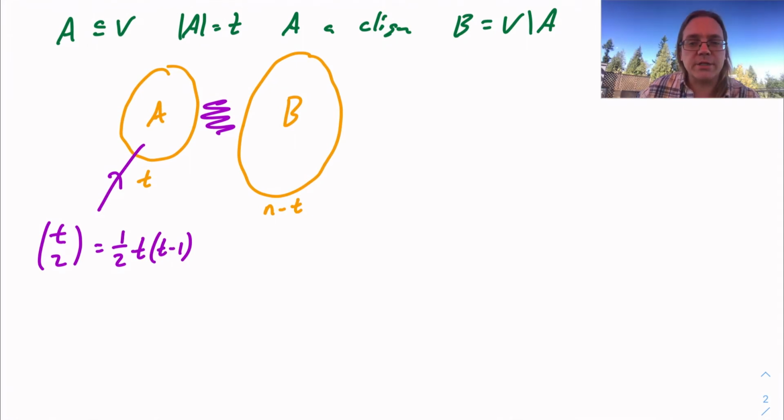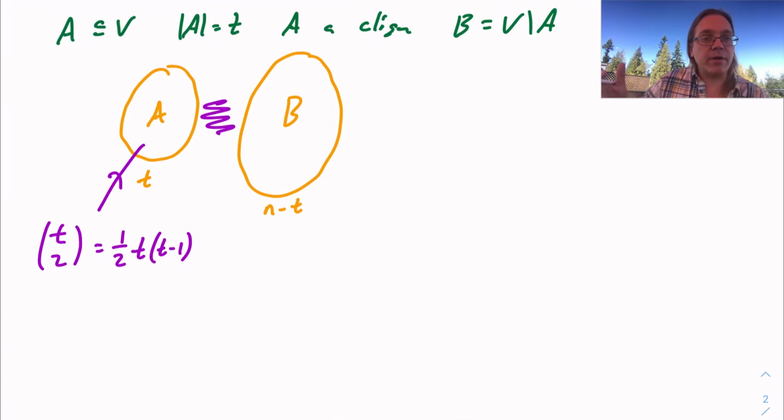The reason is that it would give your whole graph a clique of size t plus 1, and we're assuming you don't have one of those. So every vertex in B can't join to all the vertices in A. It can join to at most t minus 1 of those t vertices.